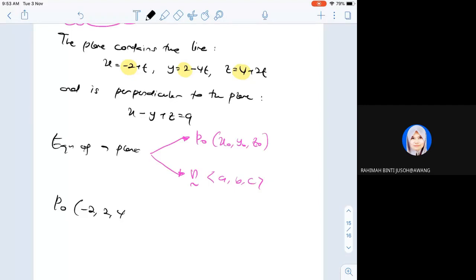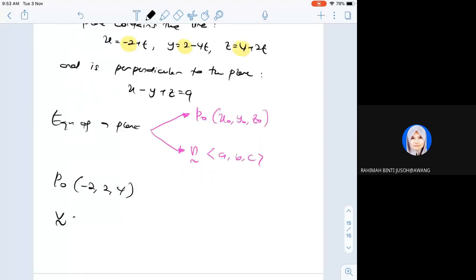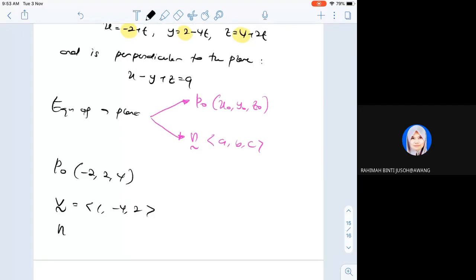Now from the line we have a parallel vector of 1, negative 4, and 2, right? And the normal vector N P that I gave, the normal vector for the second plane, is 1, negative 1, 1.